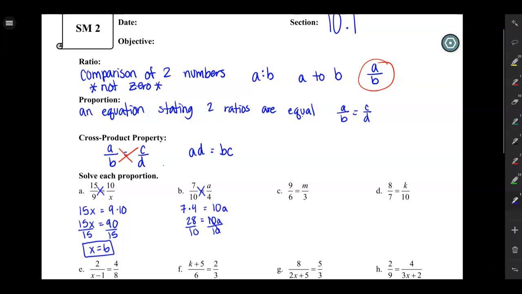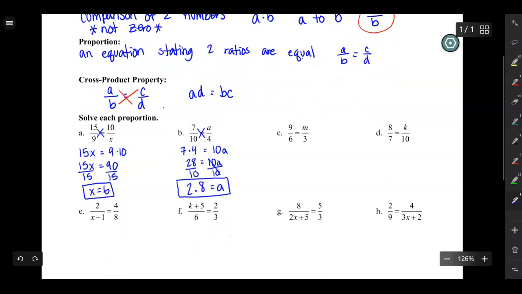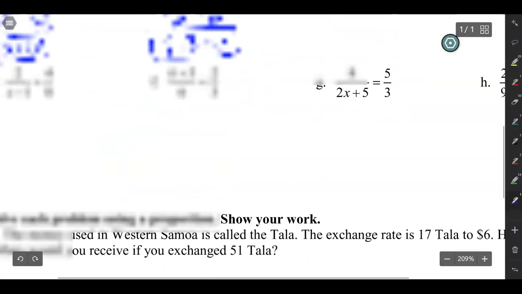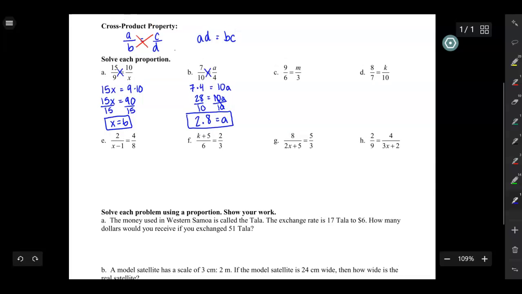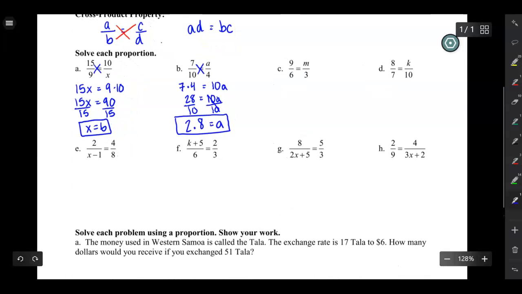So we have 28 over 10. You can either leave that as a fraction, or you can get a decimal. 2.8 is equal to A. And that would be the solution to that proportion. I'll let you guys work through C and D on your own. I want to jump down to this next row where things are a little more complicated.